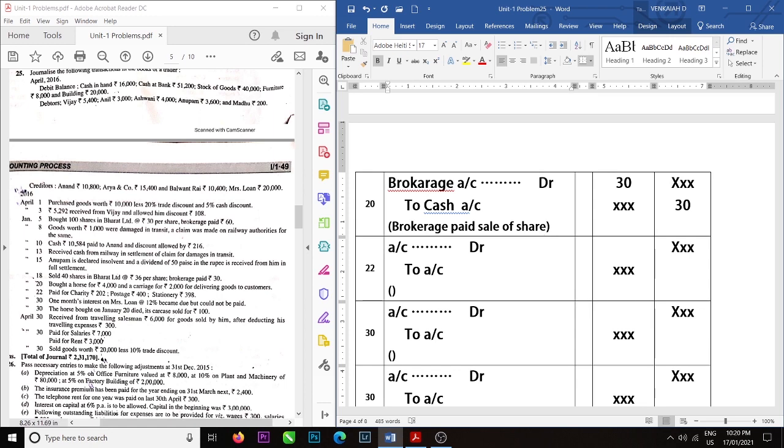Next, paid charity 202, postage 400, stationery 390. All three we record at a time.